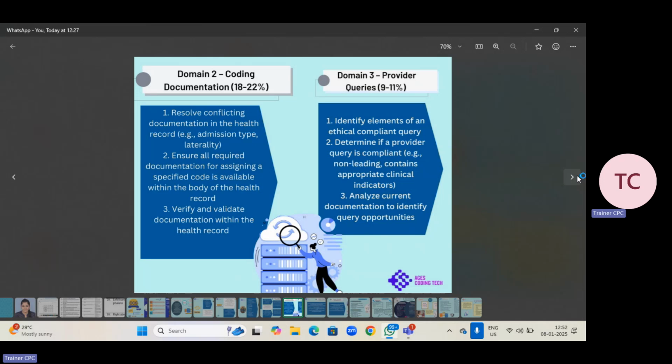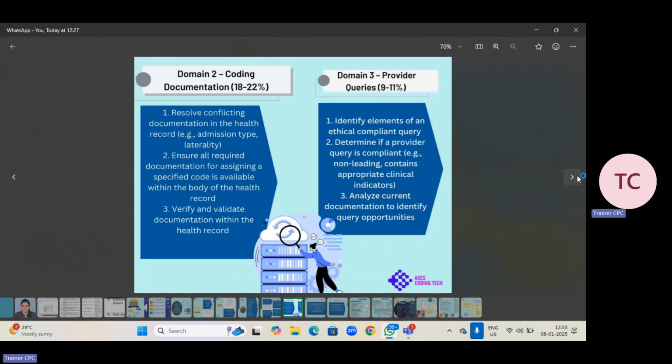In this way, there will be some problems with the laterality, right side, left side, and the diagnosis, selecting the principal diagnosis. So we need to verify the question. This will be scenario based only.